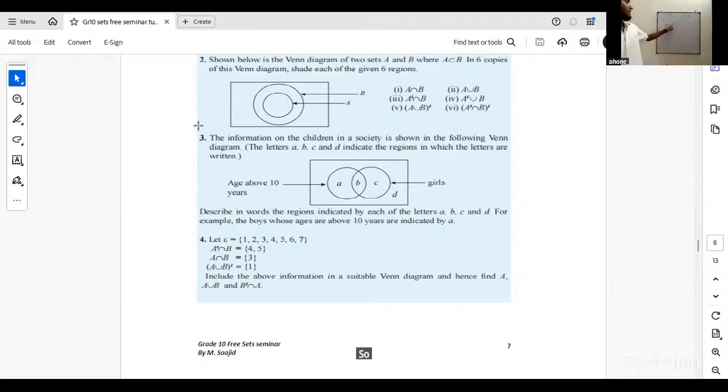So this one is age above 10 years and this one is girls.